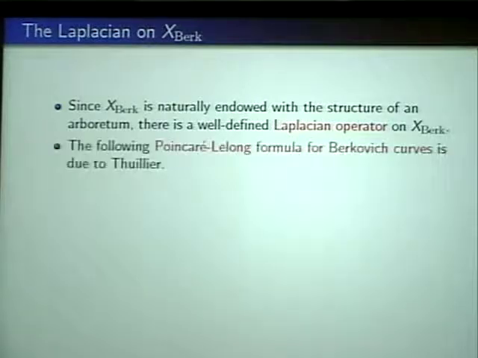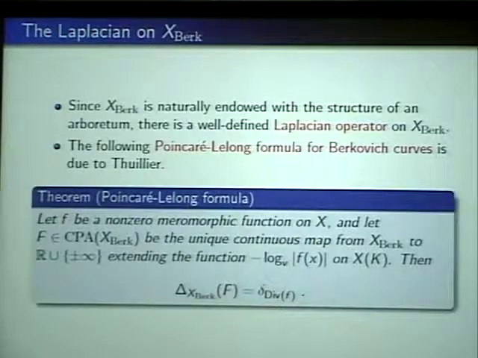So we can ask, for example, for an analog of the Poincaré-Lelong formula, which I had stated for P1, and this is proved in Thuillier's thesis, among many other things. And it just says that the Laplacian of minus log absolute value f is a bunch of point masses supported at the zeros and poles of f with the correct multiplicities. Sorry for using capital F and little f.